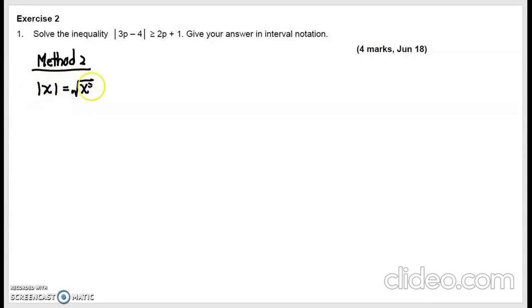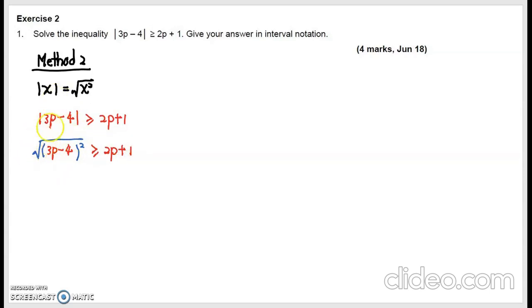Same thing here. So modulus of 3p minus 4 is greater or equals to 2p plus 1. From this modulus, we will change to square root, using a different color, of the square, 3p minus 4 greater or equals to 2p plus 1.